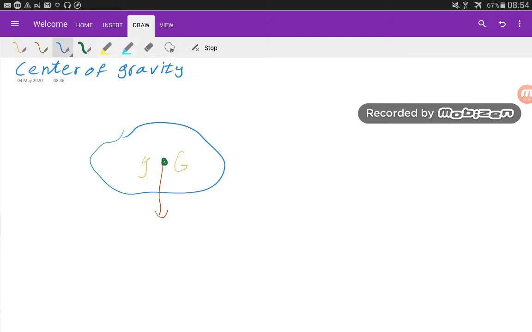If we have two or three different objects, it is exactly like a lever, as we have learned about levers.